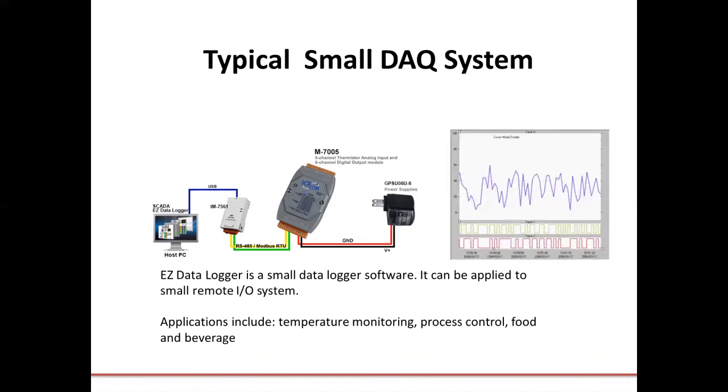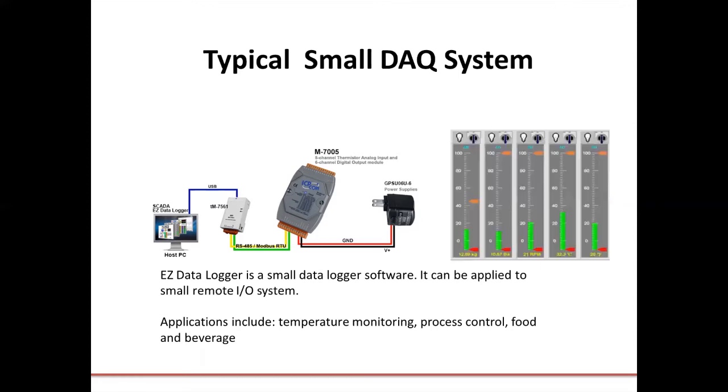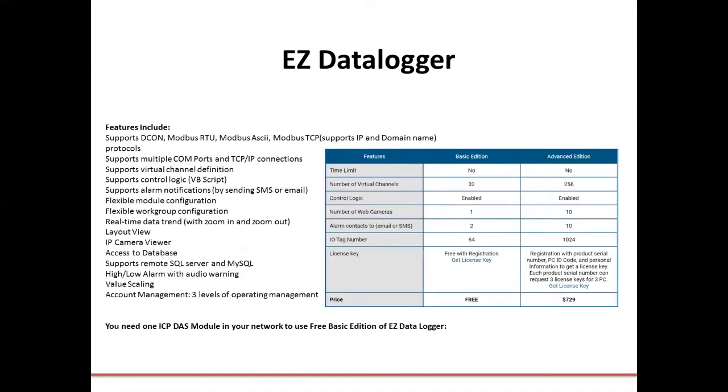There are 2 versions of Easy Datalogger. One version is the basic edition. The basic edition is free as long as you have at least 1 piece of our data acquisition hardware connected at all times. If you do have that 1 piece of our hardware connected, you can also communicate to third-party devices using Modbus RTU, Modbus TCP, or Modbus ASCII.